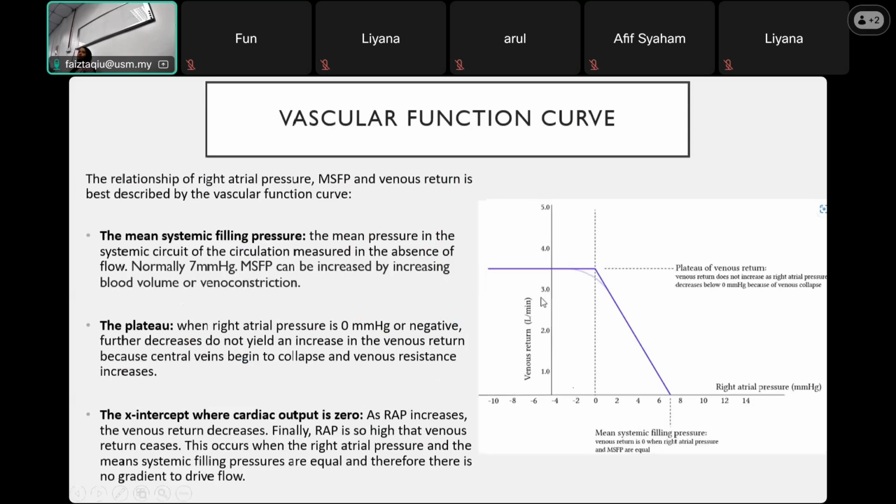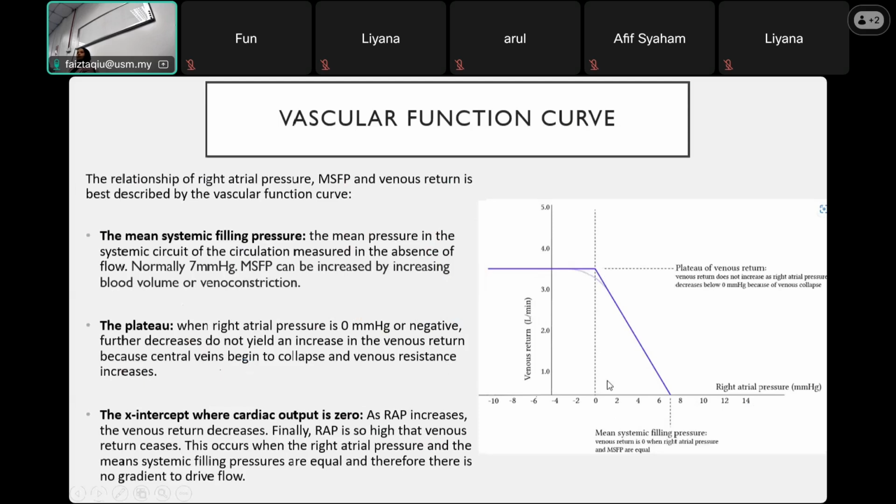So this diagram shows the vascular function curve. The y-axis is the venous return, liter per minute, and the x-axis is the right atrial pressure, mmHg. So you can see that this is the plateau phase. The plateau phase is when the right atrial pressure is 0 or more negative, there is no increase in the venous return because of the collapsing of the central vein and also the venous resistance increase.